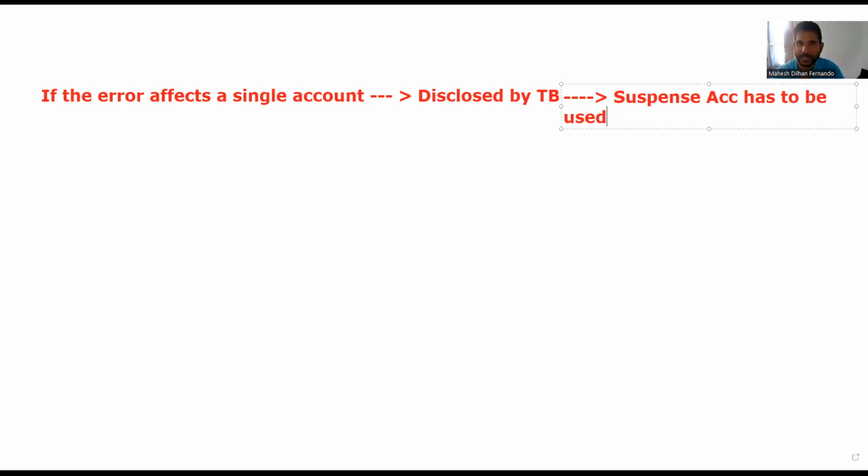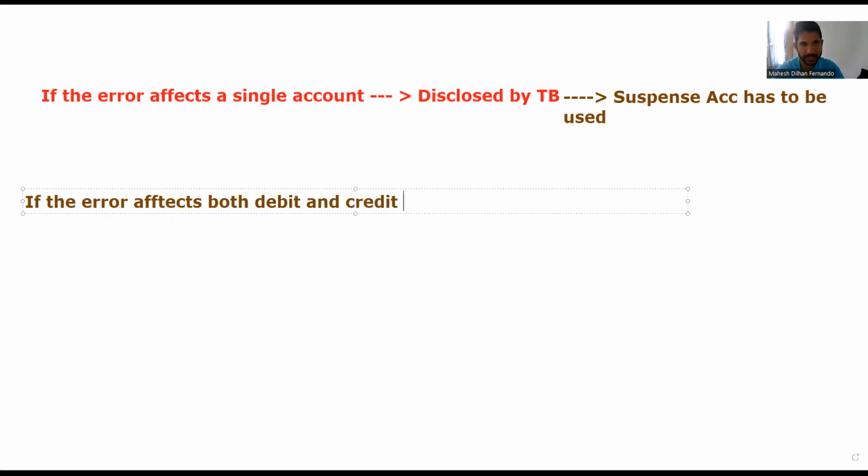On the other side, if the error affects both debit and credit entries with the same value, that error is not disclosed.